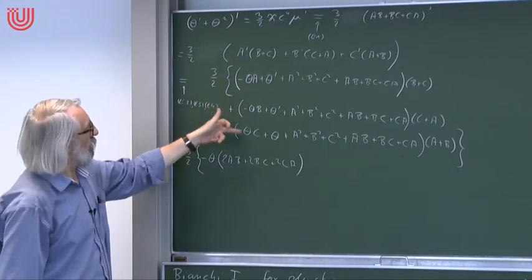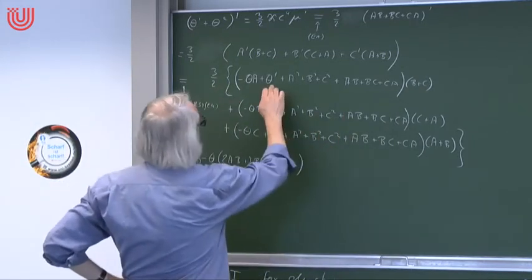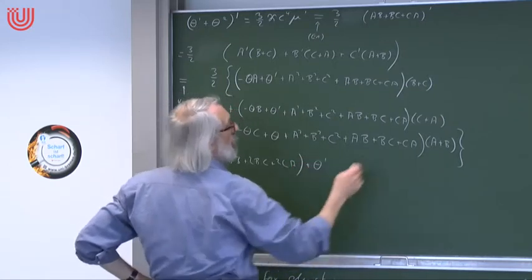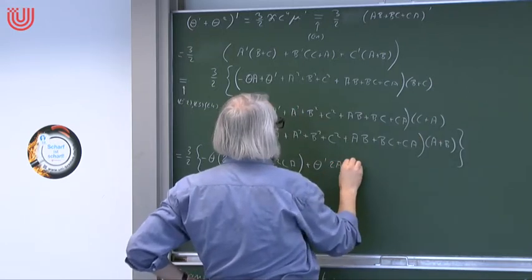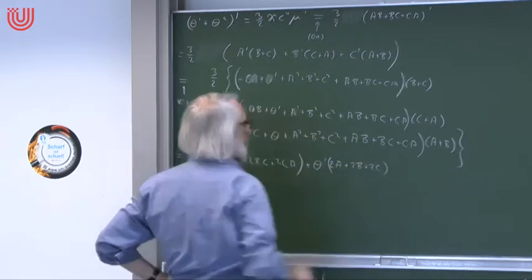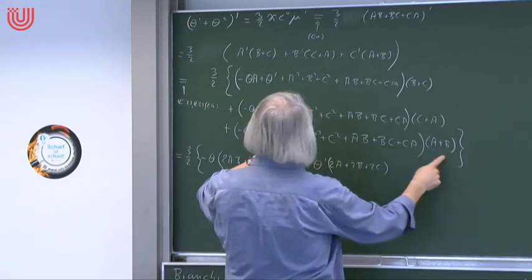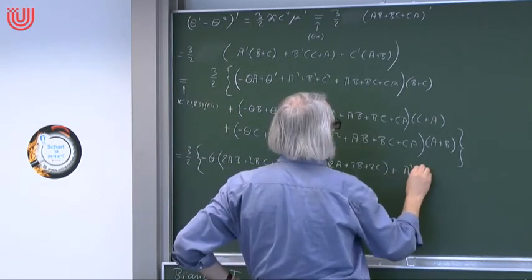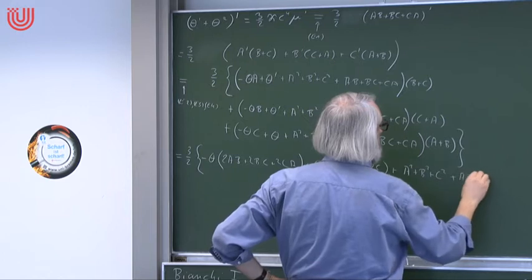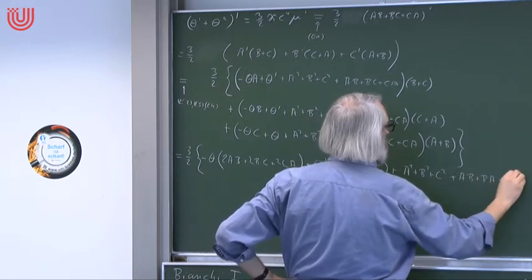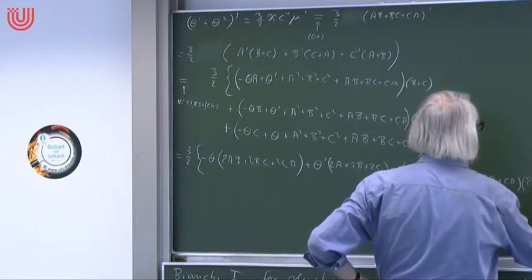That's the first sum, multiplied with what is behind the bracket. And then the terms with theta prime. This is just 2B, 2A plus 2C, 2A plus 2B plus 2C. And then this term here, again multiplied with the same thing: plus A squared plus B squared plus C squared plus AB plus BC plus CA, and again multiplied with 2A plus 2B plus 2C.